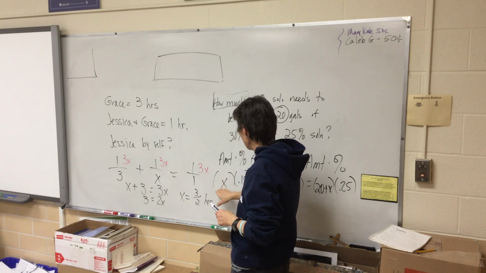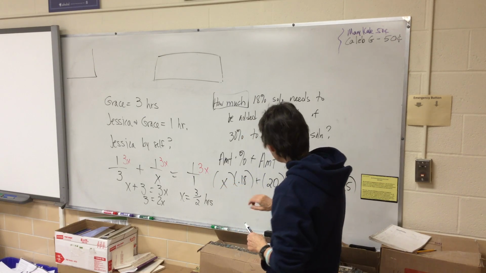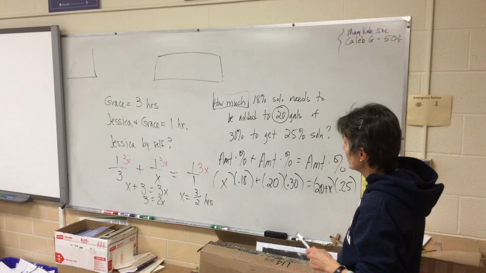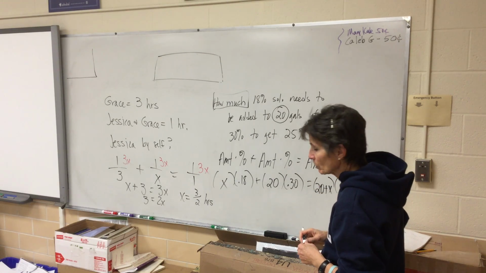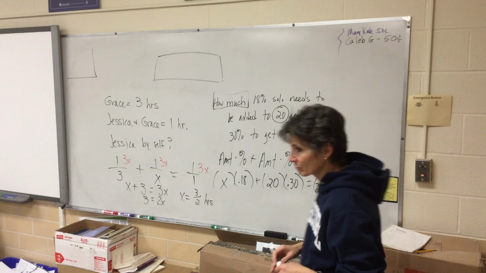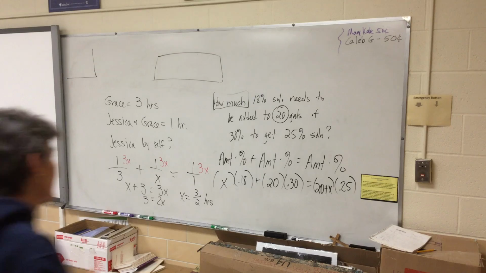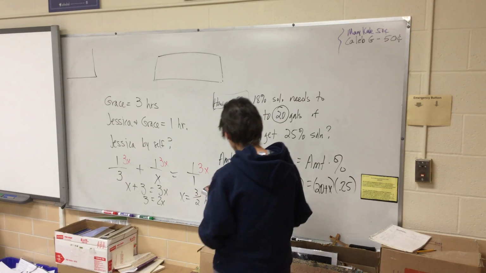You're dumping in x gallons and 20 gallons. So of course your total is going to be x plus 20 or 20 plus x. All right, then we can use our calculator to help us. Find my calculator, here we go. And see what we come up with here.